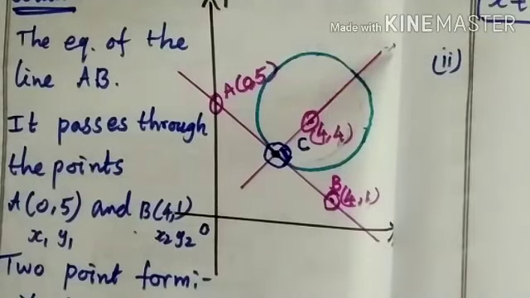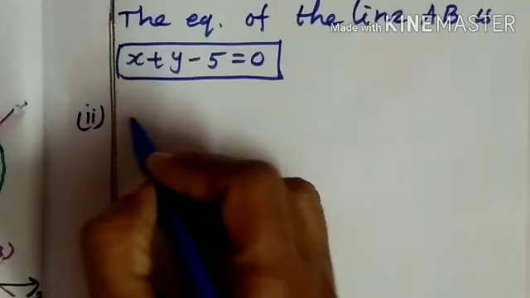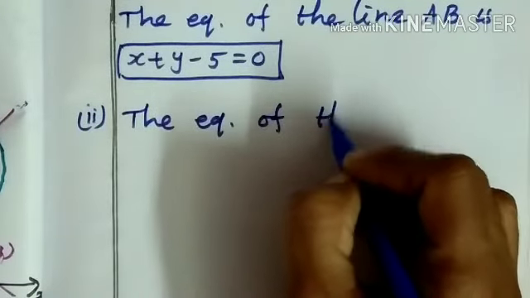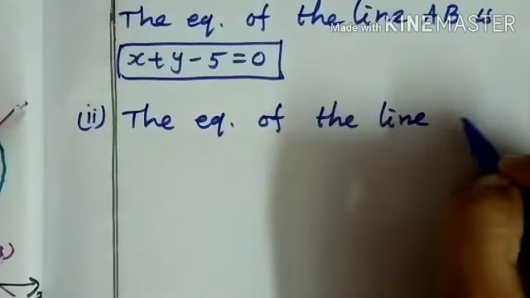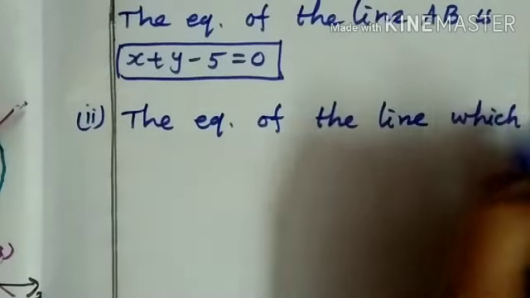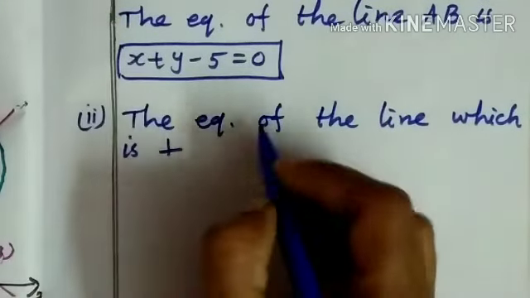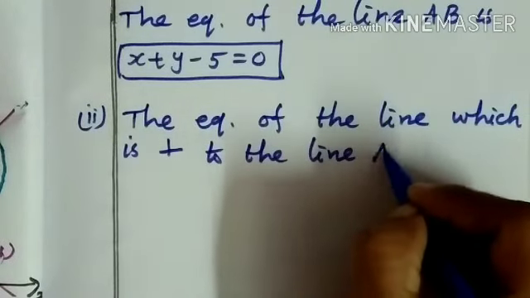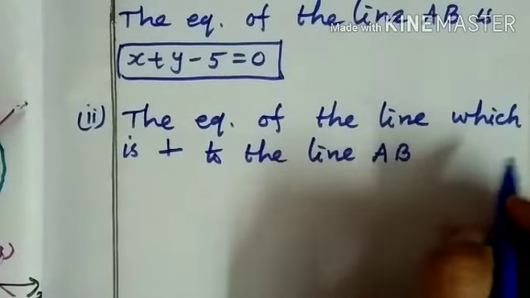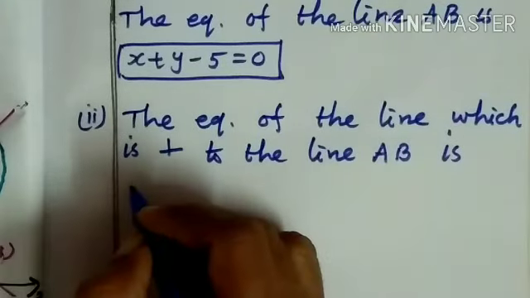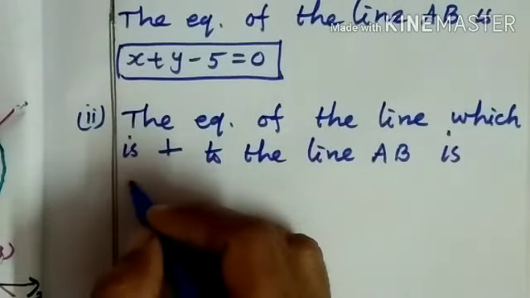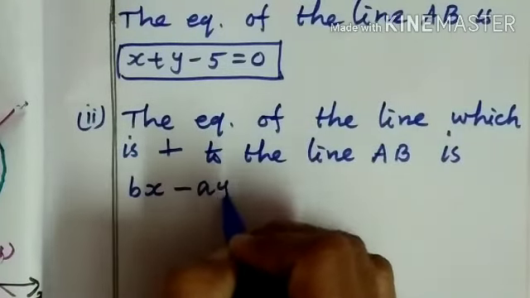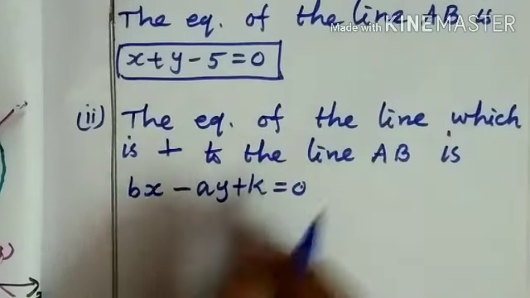Let us see the answer. The equation of the line which is perpendicular to the line AB: perpendicular means the formula bx minus ay plus k is equal to 0.